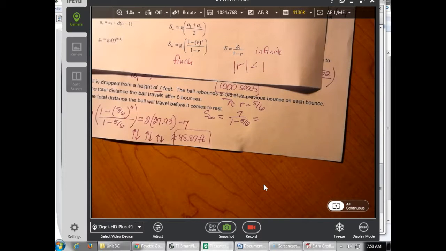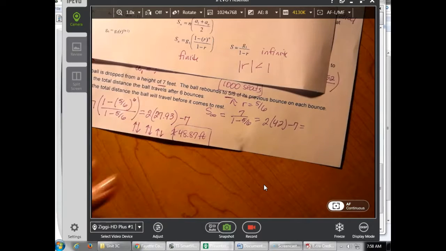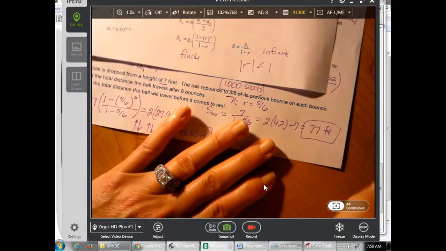And I got 42, but remember you have to double that and you have to subtract the 7. So 42 doubled and subtract the 7, and you get 77. So 77 feet is the total distance there.